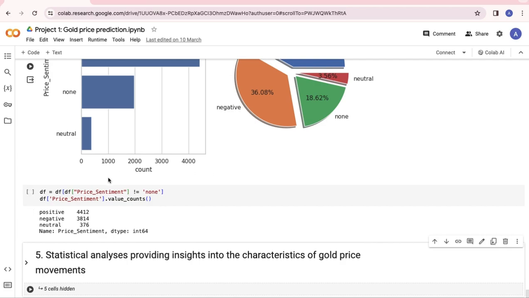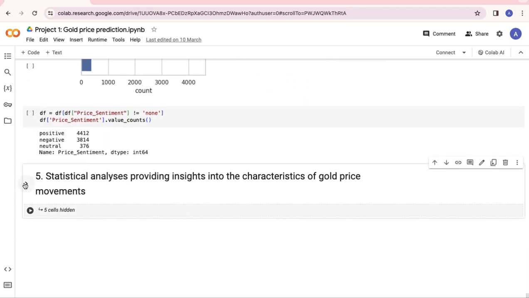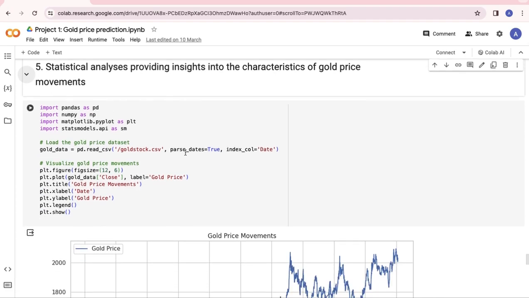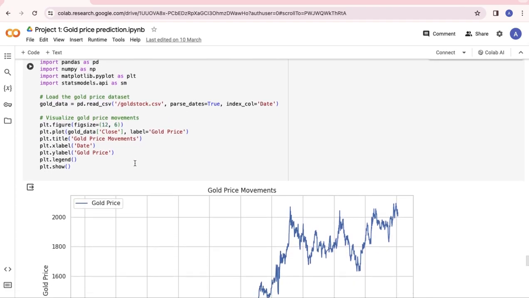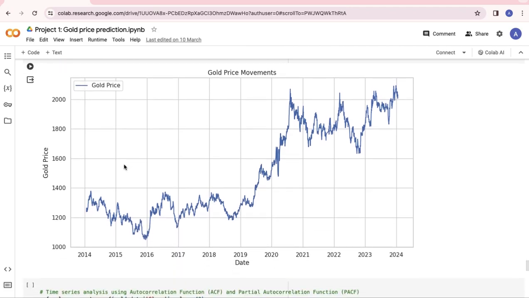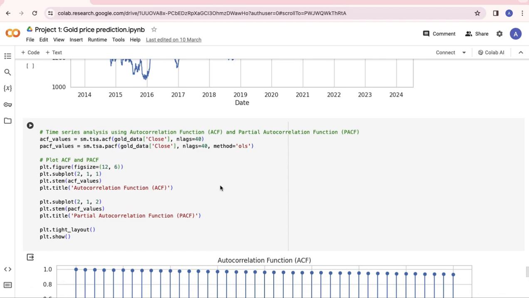The code for the same is given as follows. I import all the necessary libraries and once again I make a plot of the gold price movements, in which gold price is plotted against the date.